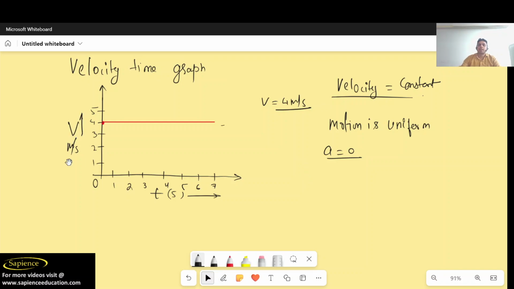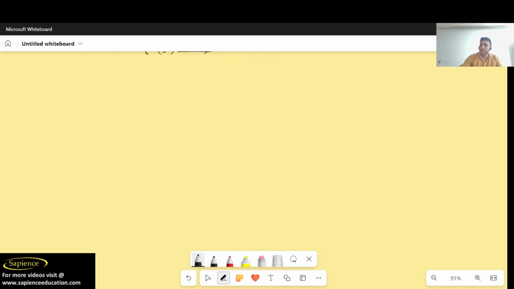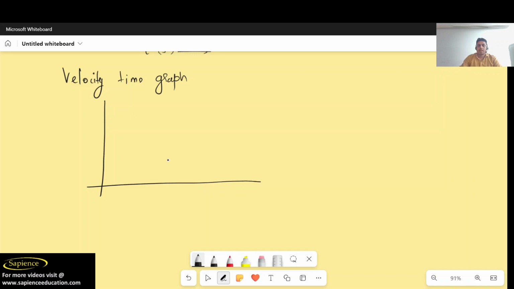Now I will discuss another graph of the same velocity time graph, but the slope will be a little bit different. See here, the slope will be like this. For example, time is 0 second, 1 second, 2 second, 3 second, 4 second, 5 second, 6 second, and so on.